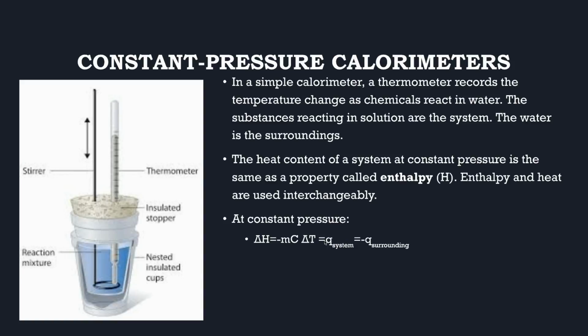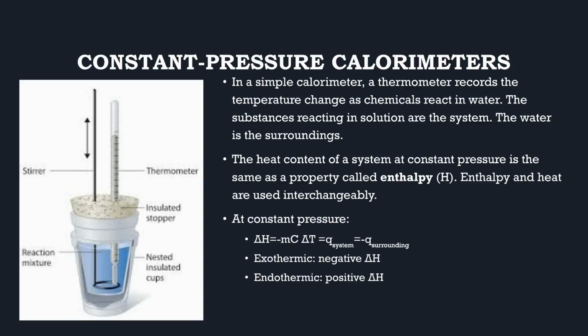Remember, if the system is absorbing the heat, that means the surroundings is giving off the heat. Anytime you have a negative delta H, that means your equation is exothermic. Anytime you have a positive delta H, that means you are endothermic.